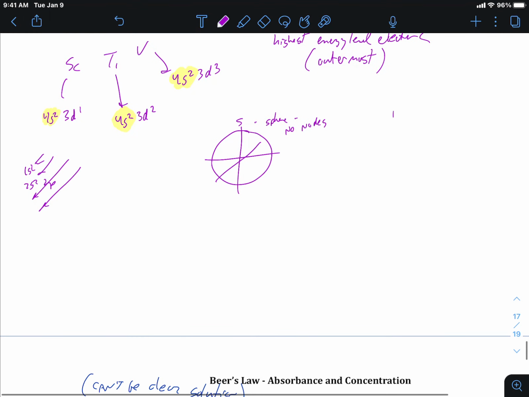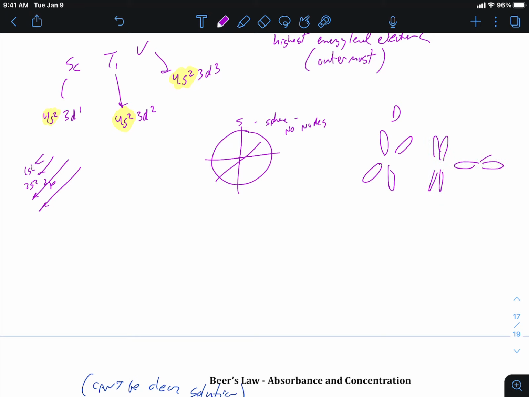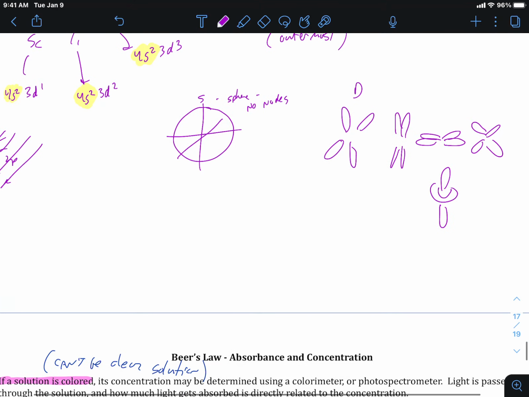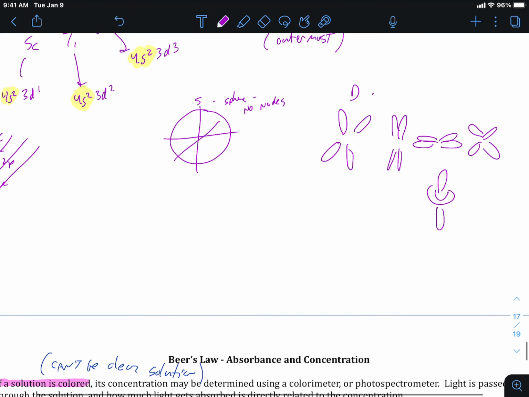D's look like this, right? Remember how they were oriented in different ways? They essentially look like X's, but laid out. And then you got the donut. So the 5 D orbitals, they all have nodes.